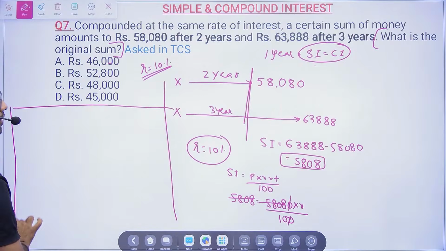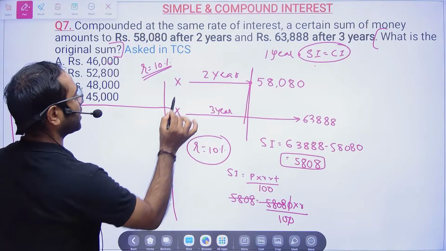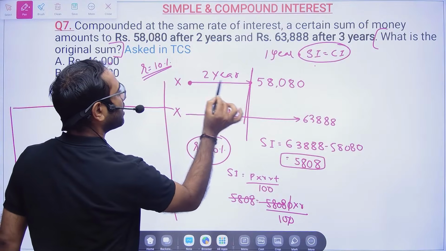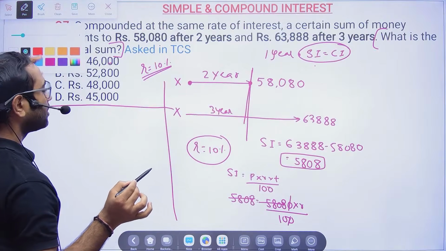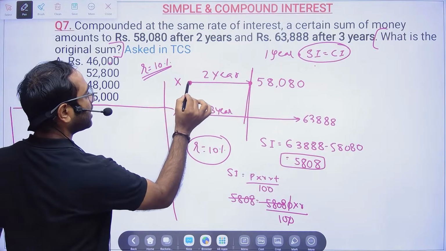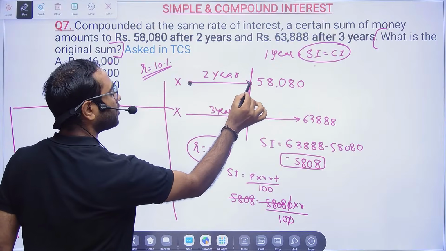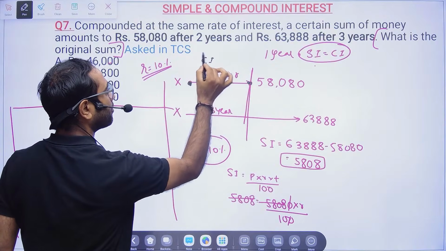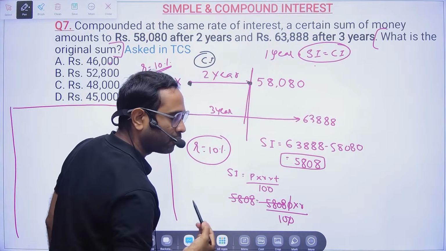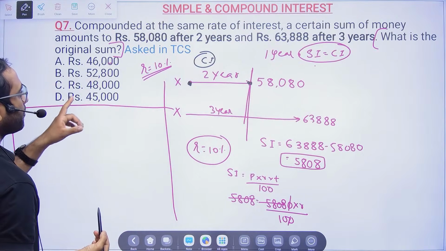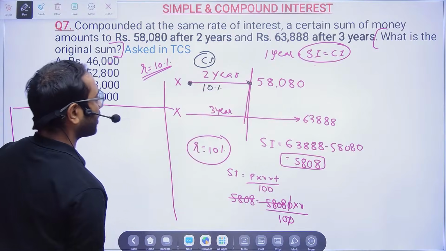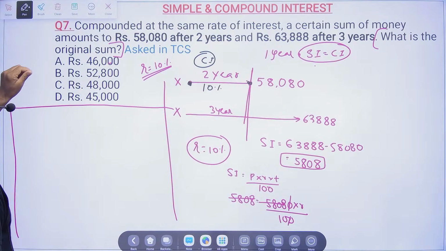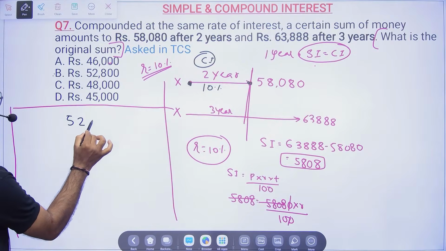So X you are investing, and after 2 years on compound interest, it is becoming 58,080 rupees, right? And the rate of interest is 10%. Now, if I take, let us say, the option 52,800.